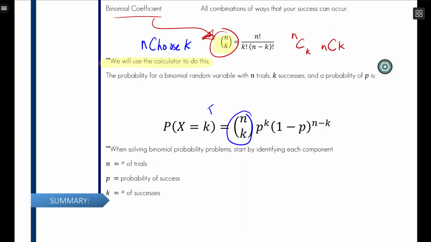From n choose k means from a set number of trials, from 24 parts, choose 2 of them to be successful. Well, now what we need to look at is what's p to the k. Well, p, remember, was your probability of success.